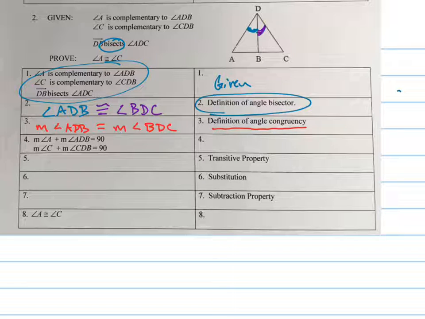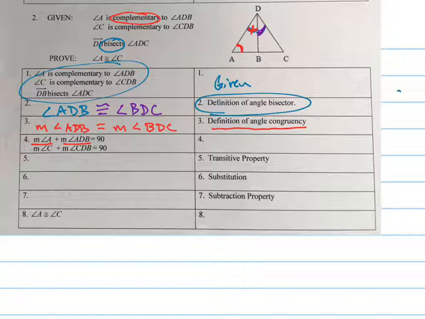A lot of times a teacher or a book won't make you do that, but apparently they want us to really label that out, because now they're going toward the idea of complementary, and they're saying that the measure of angle A plus the measure of angle ADB, so those two, that's A, plus this one right here, that's ADB, is equal to 90.